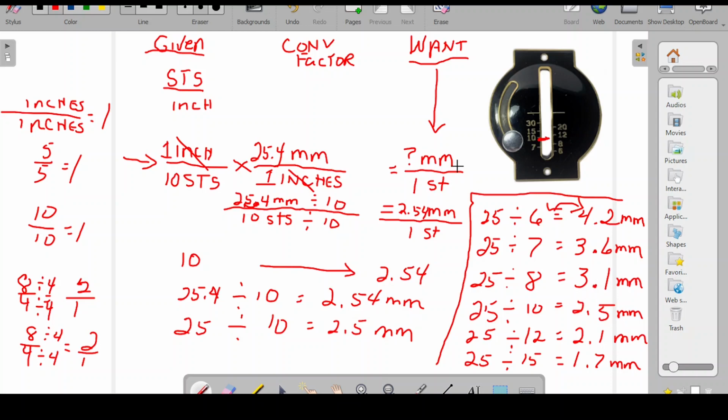That equals 10. And so then you'll know to dial it to 10 if you want 2.5 mils. And if you want, say, around 3 mils, well, 25 divided by 3 is about 8. So you put it on around 8 and so on.